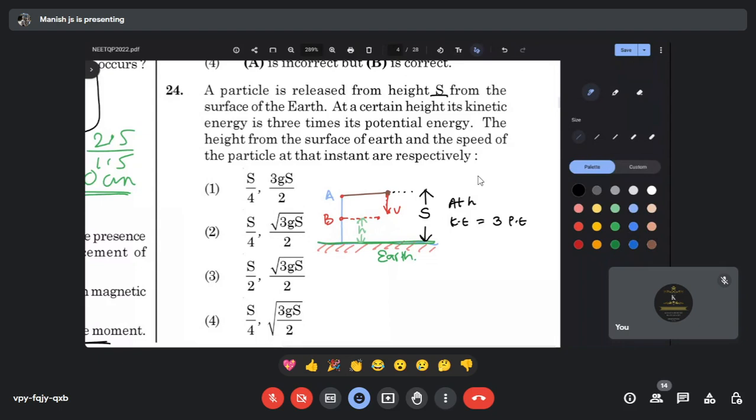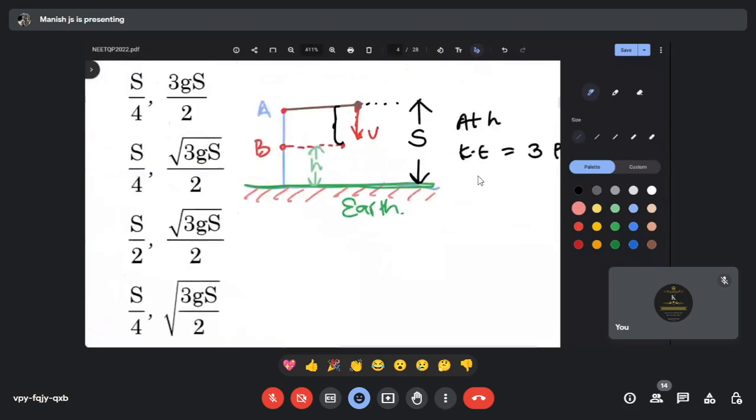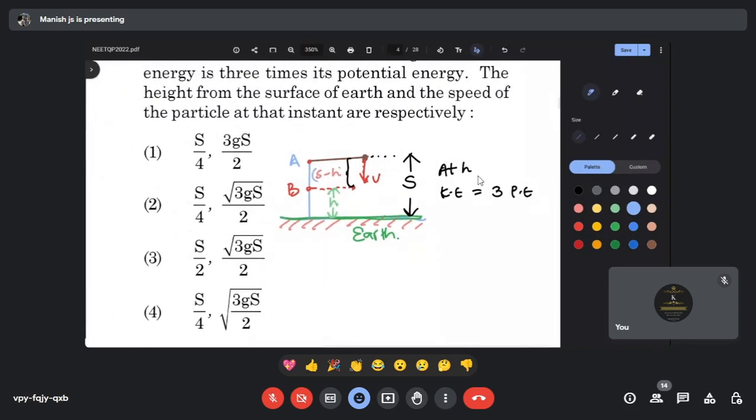Which kinematic equation can we use when it falls? S equals ut plus half at squared. Correct. So the height S from A to the certain height B, which we have taken as H, the remaining height is the bigger length minus the smaller length, that is big height minus small height. So we can take it as S minus H. Don't you think that is S minus H? Yes, sir.